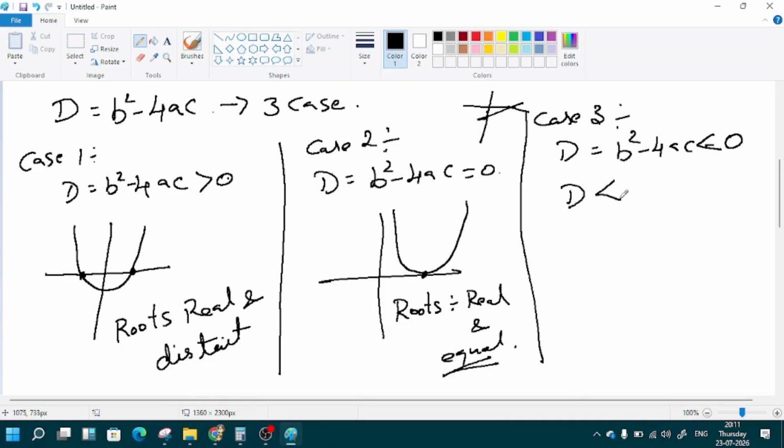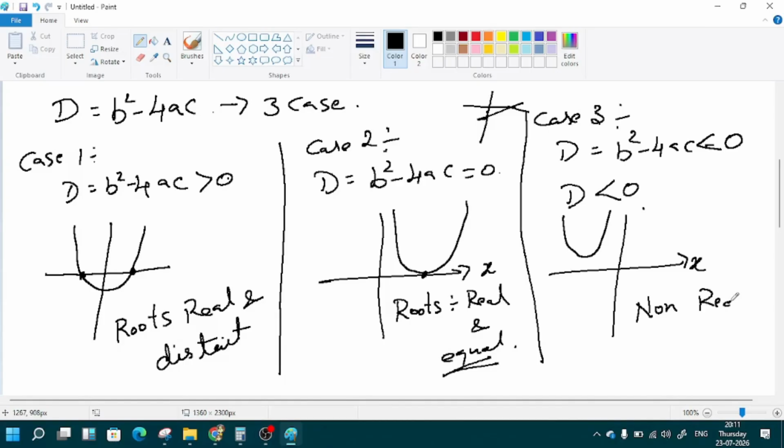When D is less than 0, the graph will look like this, I am going to draw it here. It will never touch the x-axis. That is called less than 0, and it gives non-real roots.